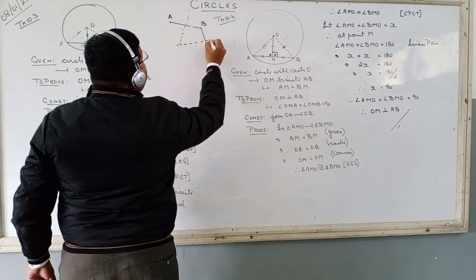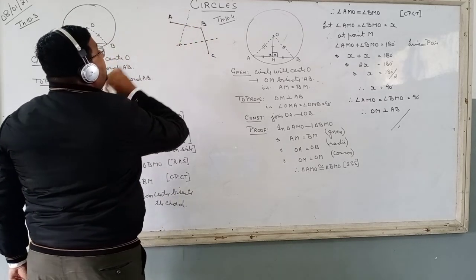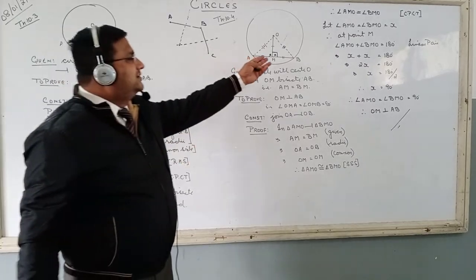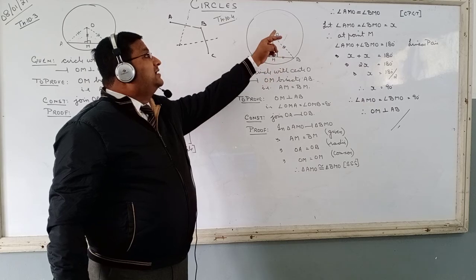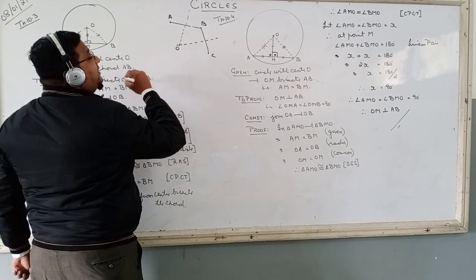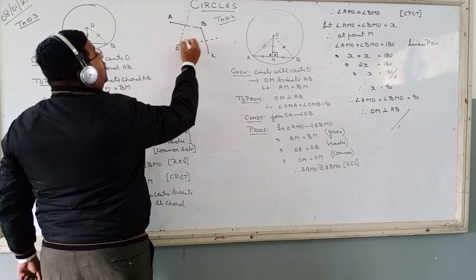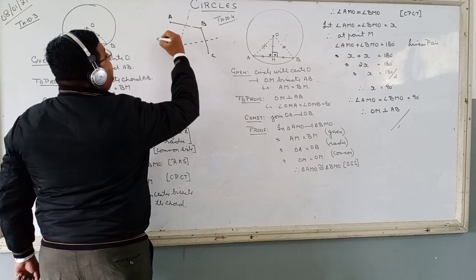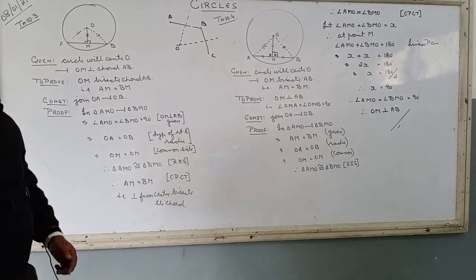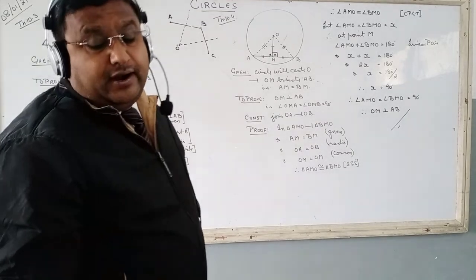These bisectors will be meeting at the center of the circle. Why? Because the perpendicular passes through the center. So we will be getting the center, and OA, OB and OC will be treated as radius, and we can make only one circle. So that is theorem 10.5.